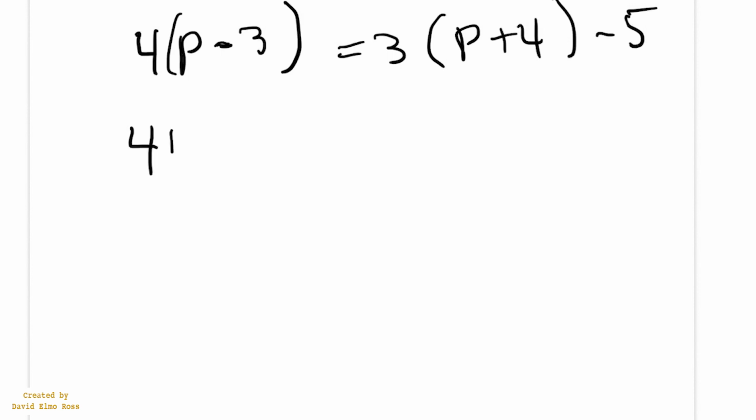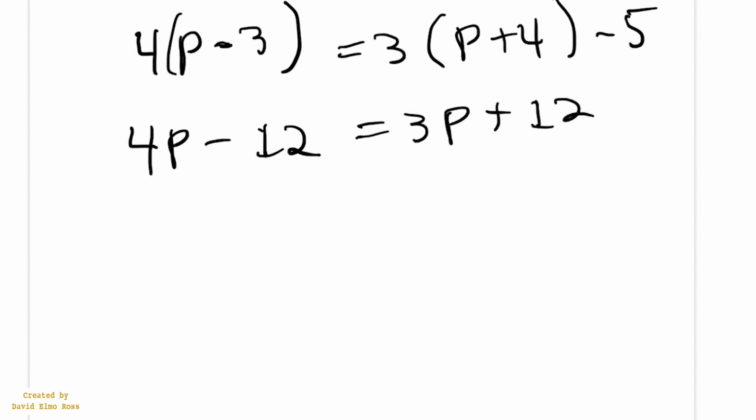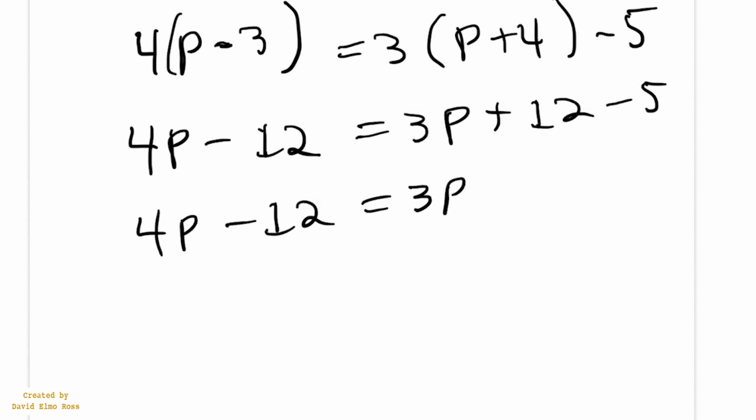Left side becomes 4p minus 12. On the right side, this becomes 3p plus 12 minus 5. So this becomes 4p minus 12 equals 3p plus 7.